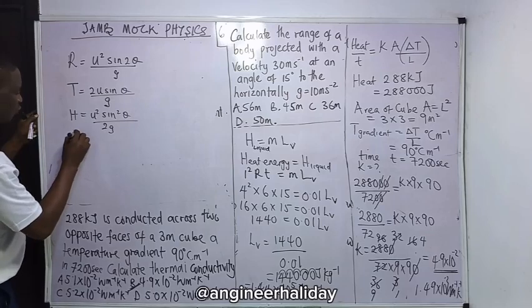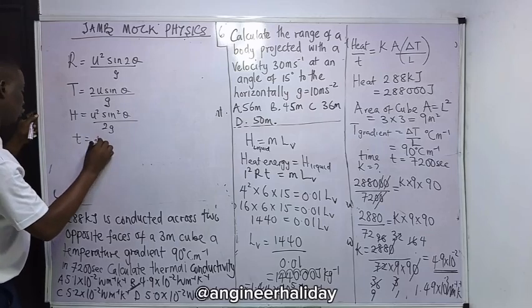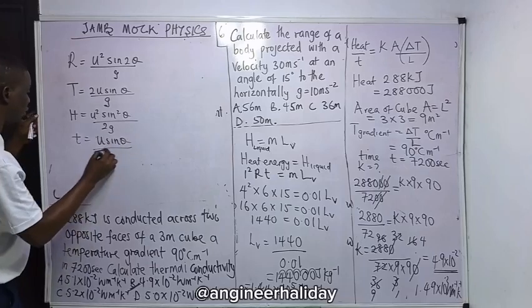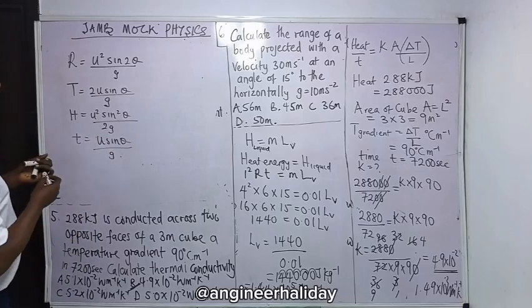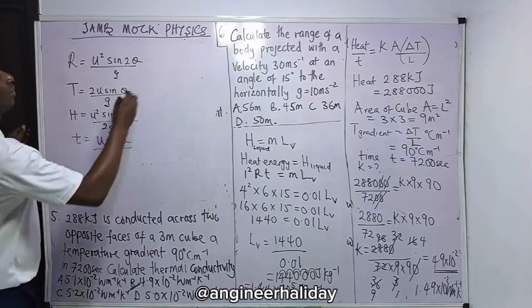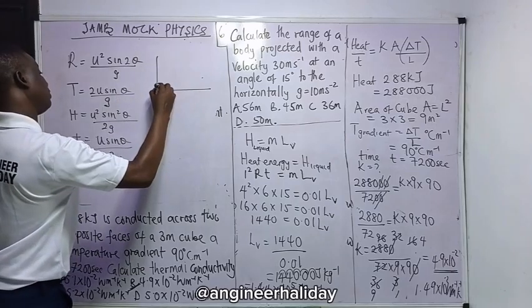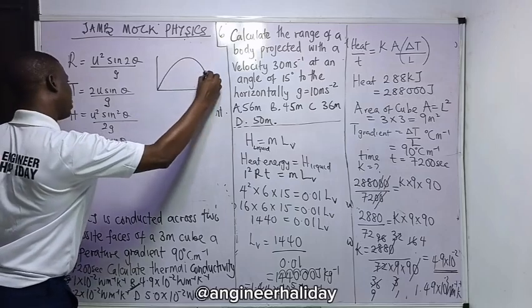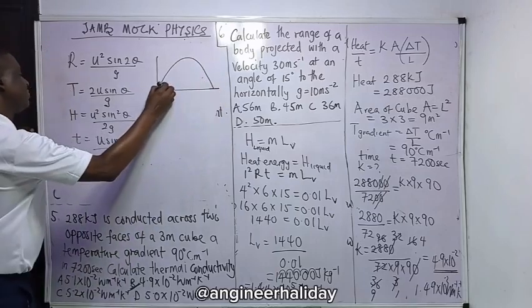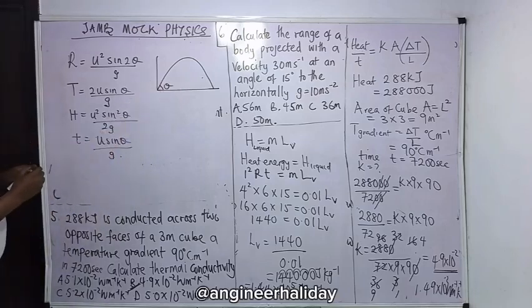We have time to reach maximum height is equal to u sine theta over g. All these are normal formulas, but all these formulas are applicable to what? A body projected from the ground level and come back to the ground level. That is the basic concept about these formulas. If not, they will not be applicable to any other condition.